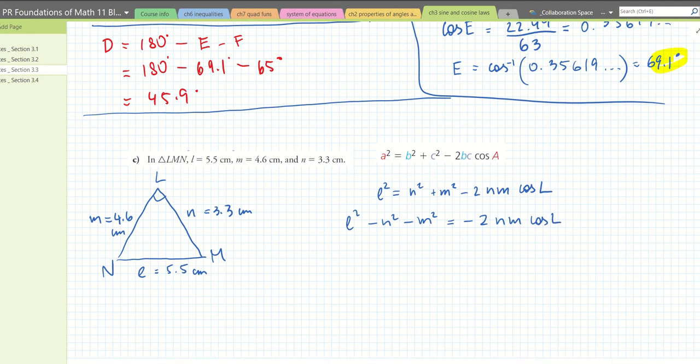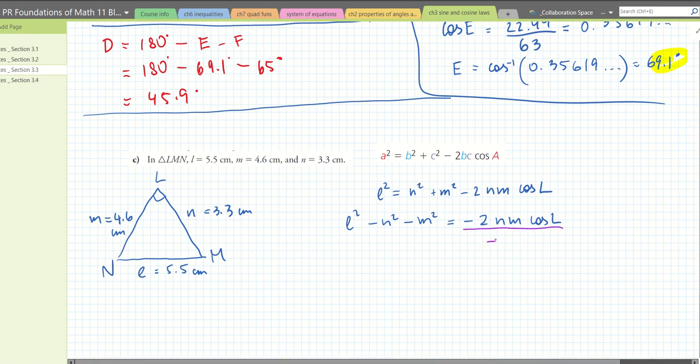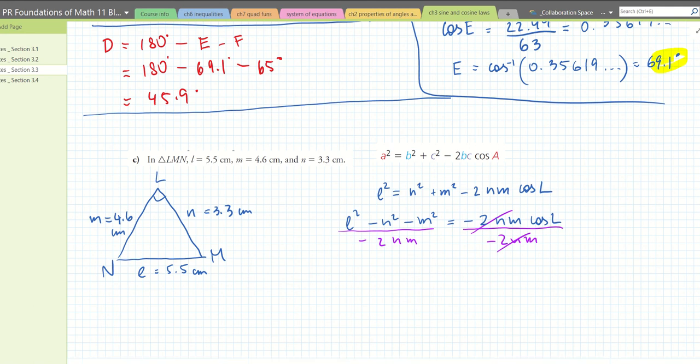Let's divide both sides by negative 2nm. So they'll go away from the right side and go to the left side, negative 2nm. Now we have cos L by itself. So at this point, you can start plugging numbers to make your math a little simpler. So l is given.